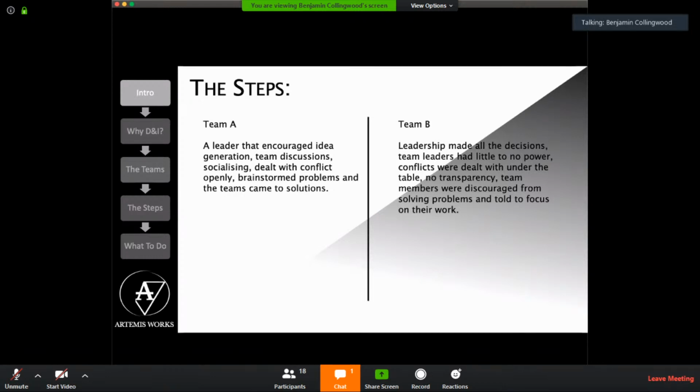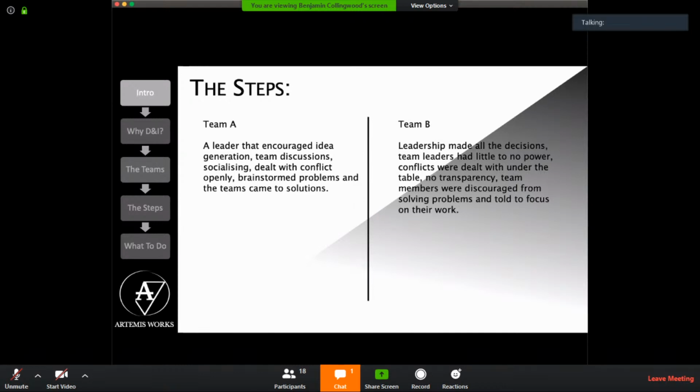There was no transparency, so the people who were doing the roles, the team members, were very much in the dark about what was going on amongst the wider business and the team at large. Team members were actively discouraged from solving problems and told to just go away and focus on your work. That's not your problem. We'll deal with that.